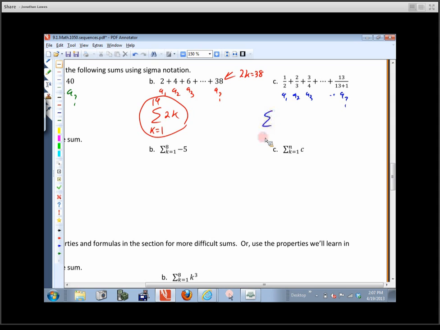We're going to start at k equals, well, let's see. If I'm using a 1 here, let's start at 1. It's going to be a fraction. Remember how I told you could spot this before? How does the top relate to the term that we're on? First term, top's a 1. Second term, top's a 2. It's whatever the index is.